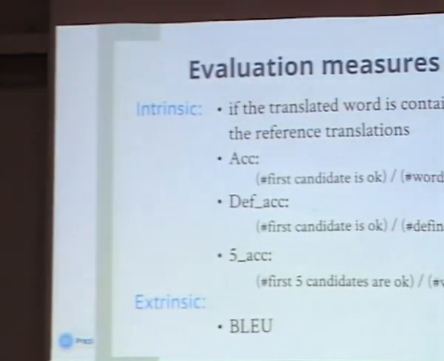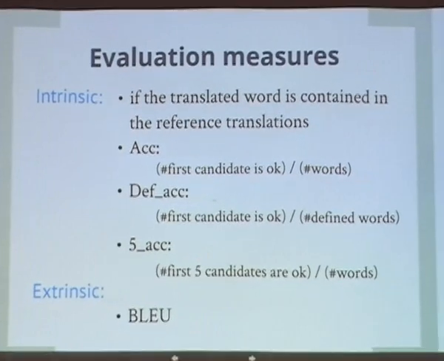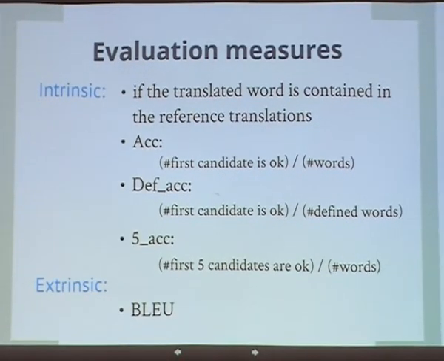So it doesn't rely on any alignment, it just checks whether it's contained in the sentence. And on this I calculate 3 different measures. One is accuracy, where I count just the first candidate. From the translation model I get the ranking, and so I select just the best candidate, and if it's contained in the sentence, it's okay. If not, it's a mistake or error.